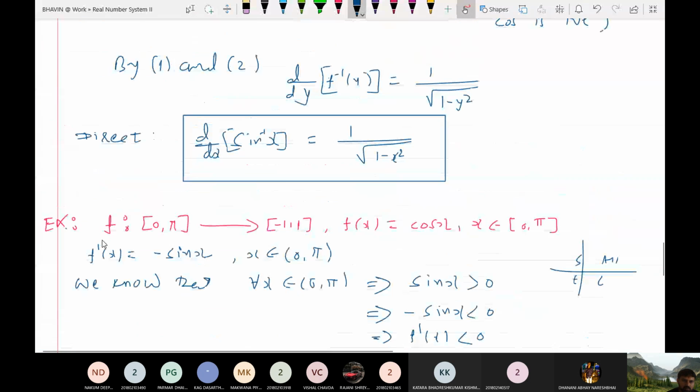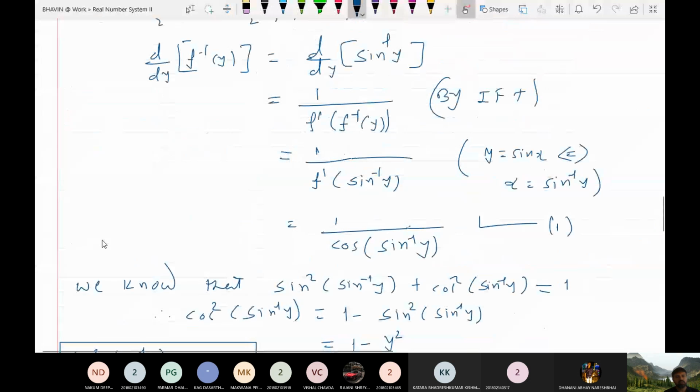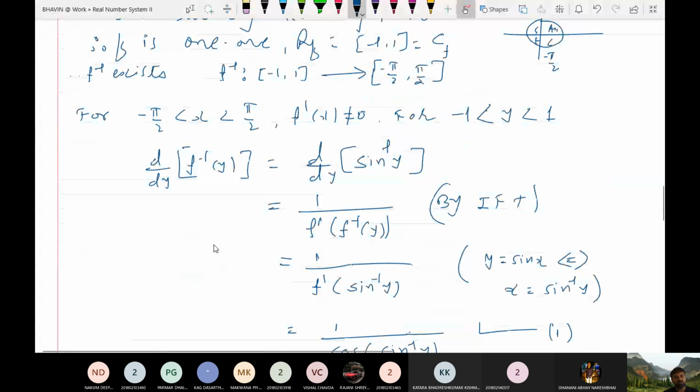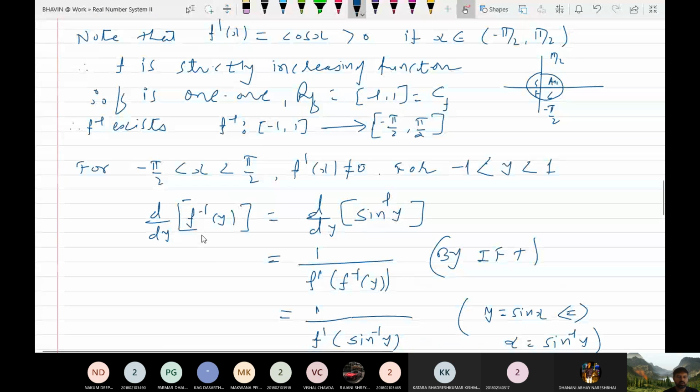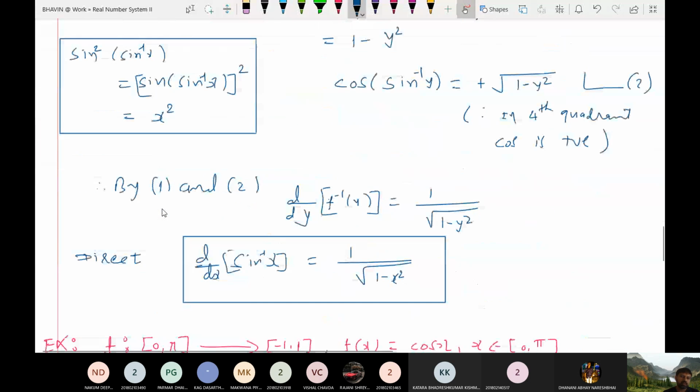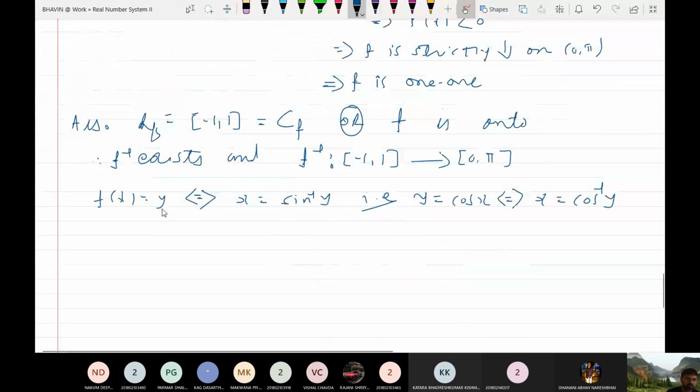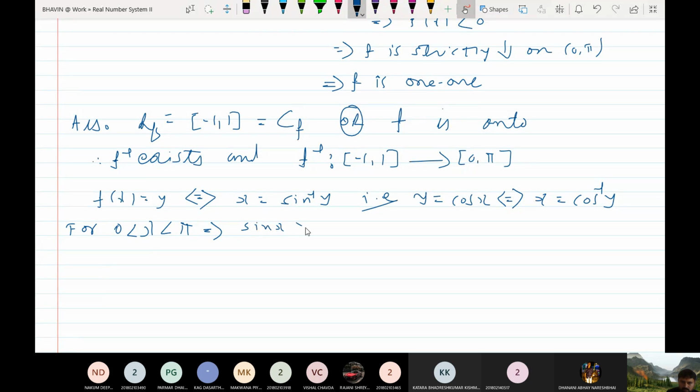Now let me take, we will do a similar process as we have done in the previous example. For x, 0 less than x less than pi implies, you can see, if x is between 0 and pi, sin x is positive.